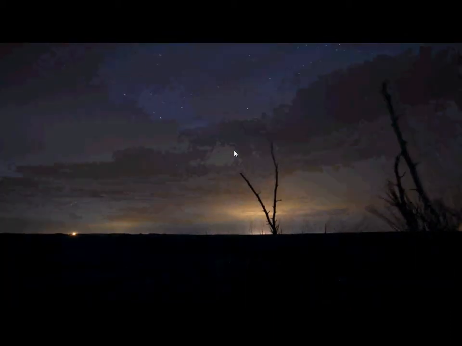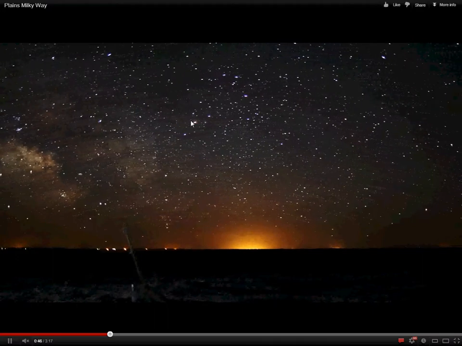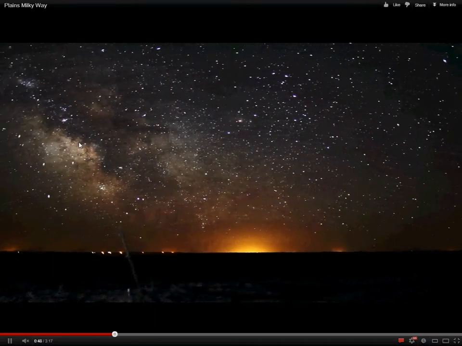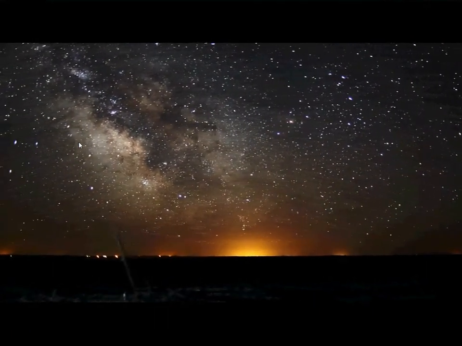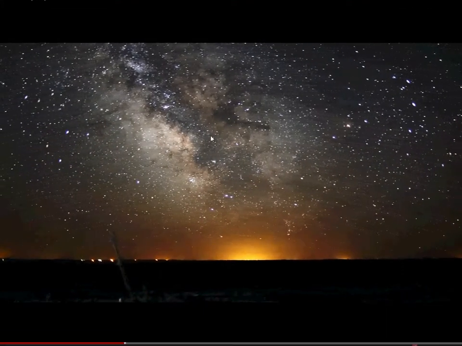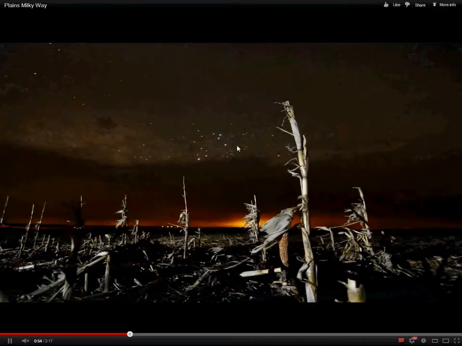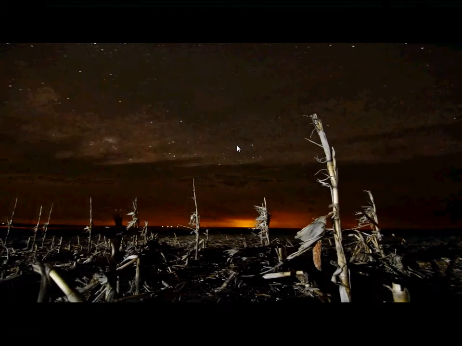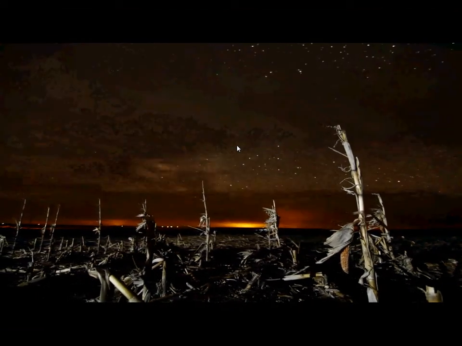As our Earth rotates, the spiral arm will go across the sky, and depending on the time of year and things like that, you'll get some different but very beautiful views of the rotation of the spiral arm.